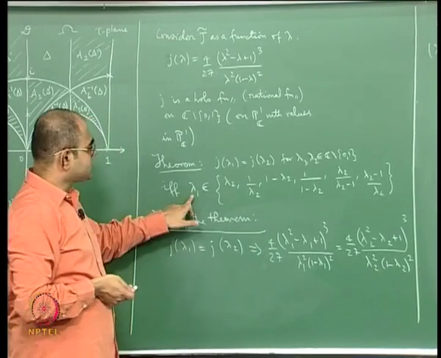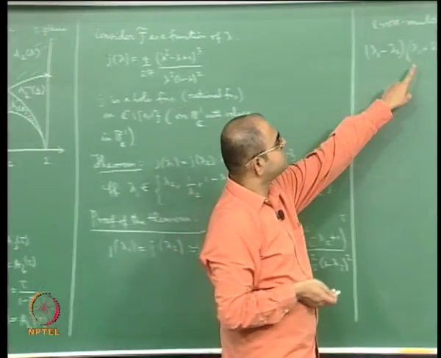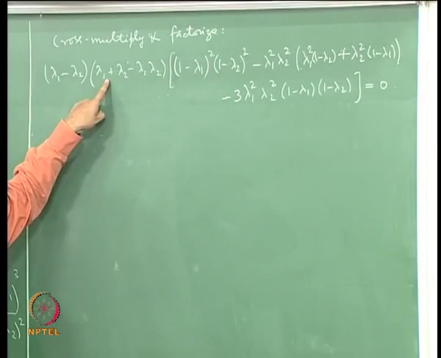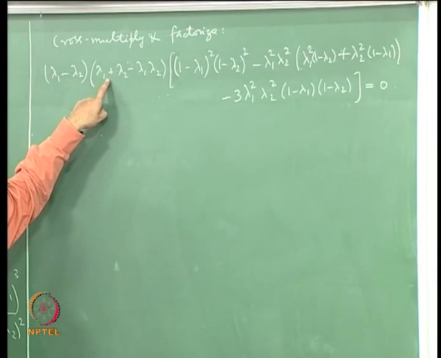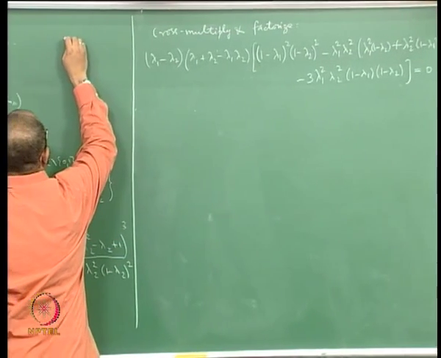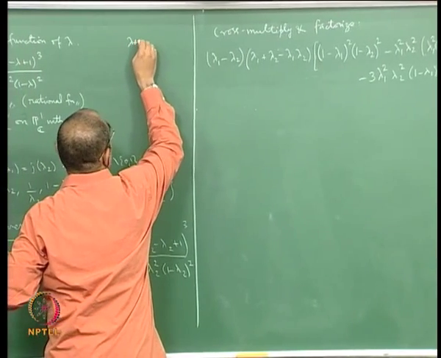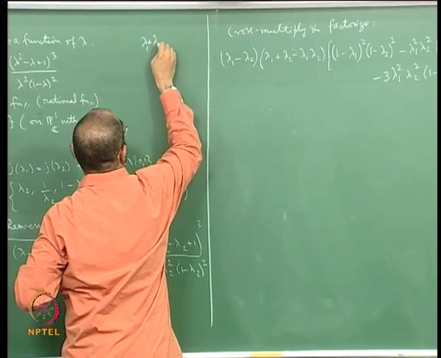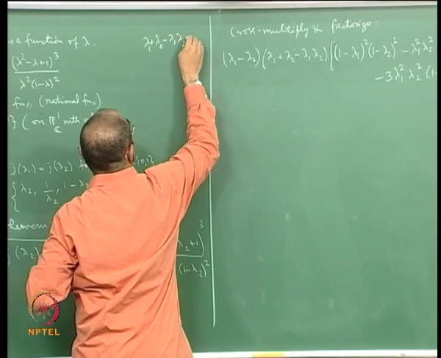Okay, and the other possibility is, if you write this down, lambda 1 plus lambda 2 minus lambda 1 lambda 2 is equal to 0.